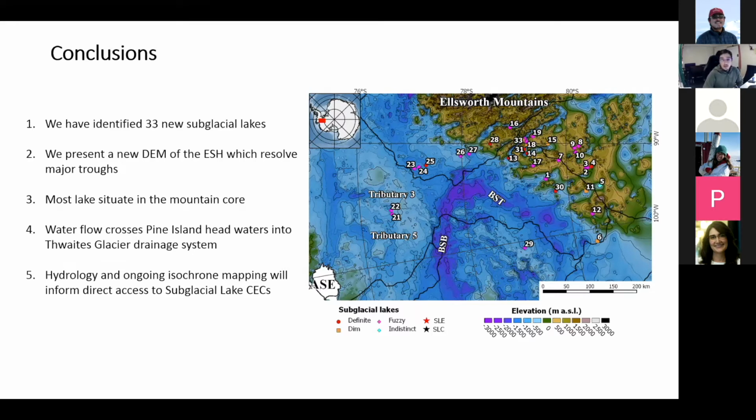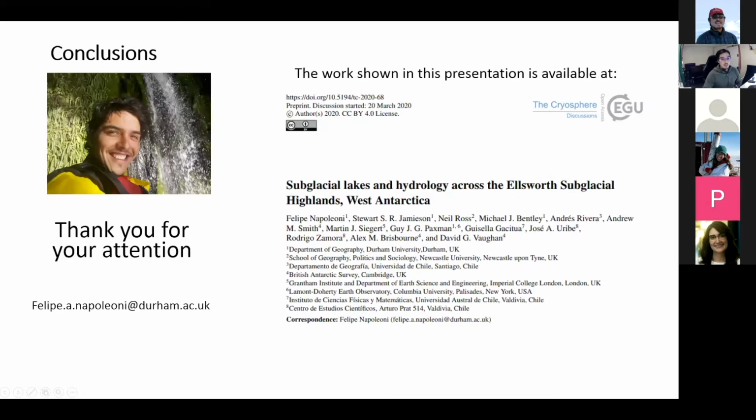The new DEM of the region highlights the presence of a deep trough and rugged topography in Ellsworth subglacial highland. And finally, to point out that different ice geometries, such as might have been present in the past, might cause drainage to switch toward the Weddell Sea via Institute Ice Stream. And that's it. Thank you very much.